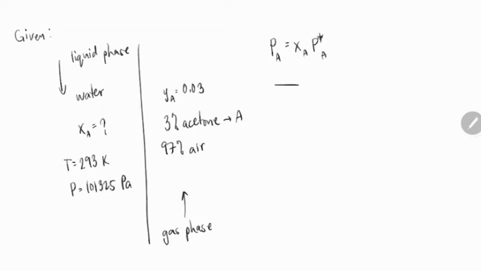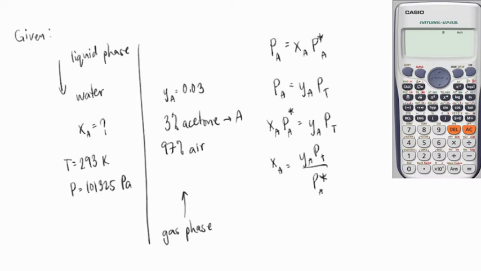The partial pressure of A is equal to the mole fraction of A in the gas phase multiplied by the total pressure. Equating the two equations, we have X sub A times vapor pressure is equal to Y sub A times total pressure. Solving for X sub A, we have Y sub A times total pressure over vapor pressure. Now, before we can evaluate this expression, we first need to determine the vapor pressure of acetone at 293 Kelvin.